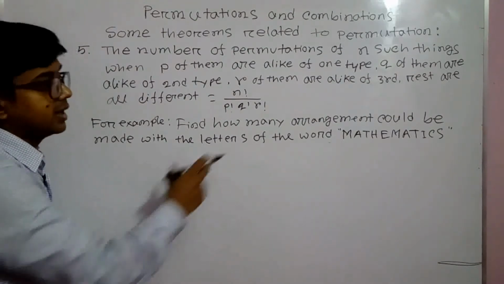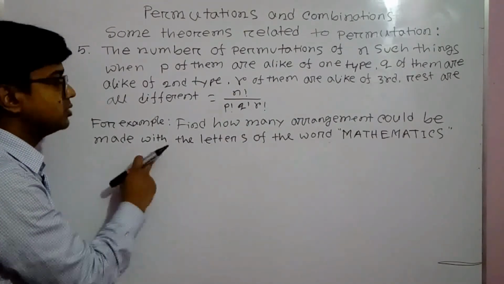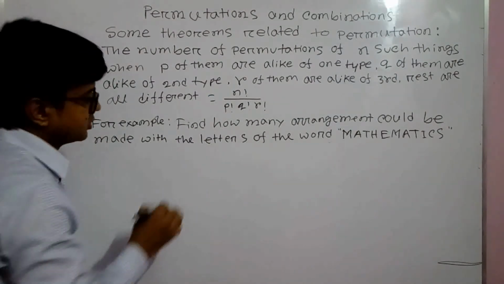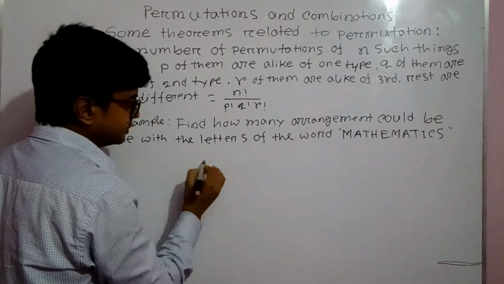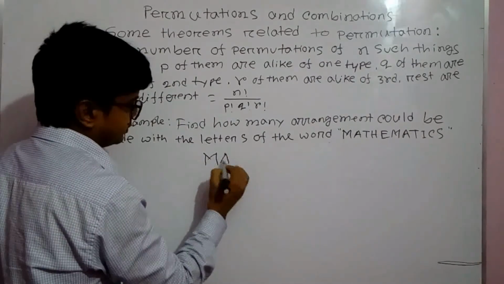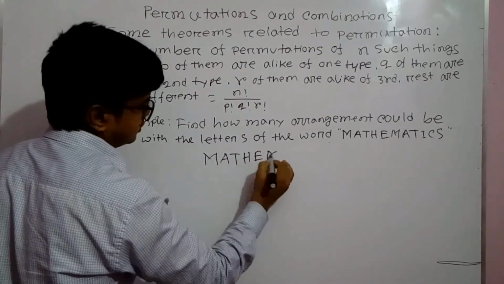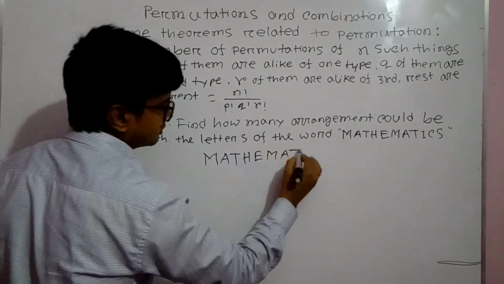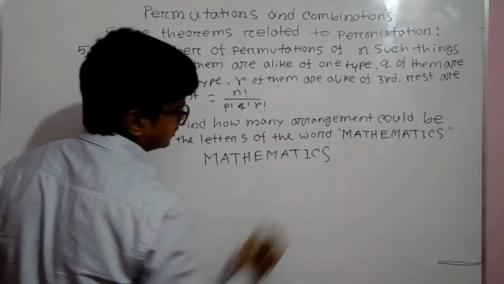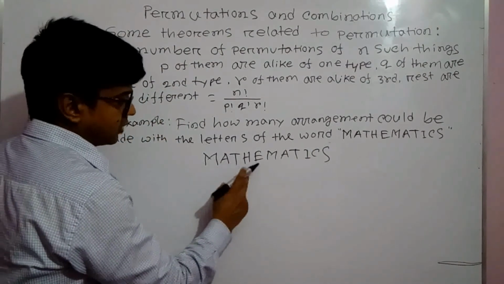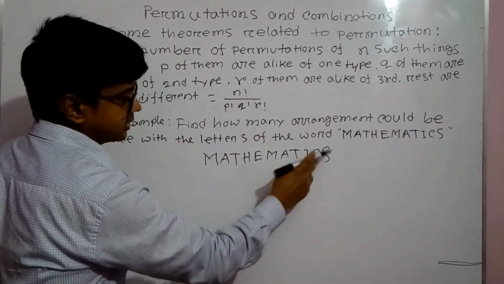Now for example, find how many arrangements could be made with the letters of the word mathematics. So the word is here. Here 1, 2, 3, 4, 5, 6, 7, 8, 9, 10, 11.